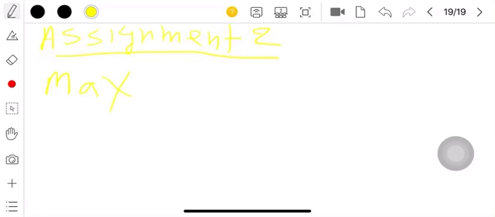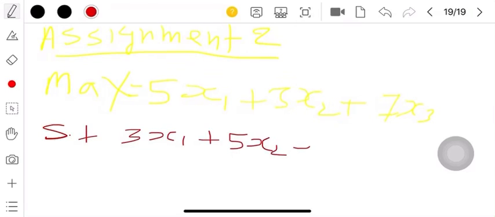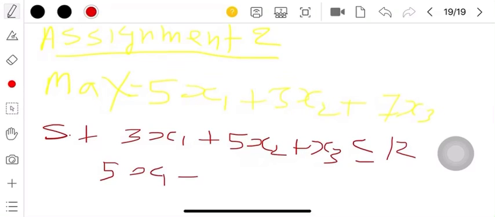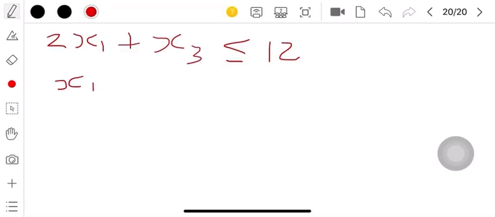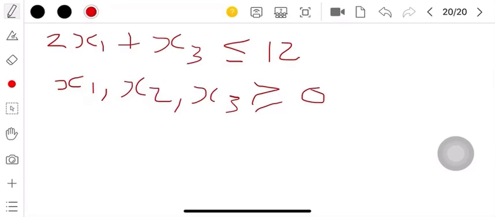Maximize 5x1 plus 3x2 plus 7x3 subject to 3x1 plus 5x2 plus x3 less than or equal to 12, 5x1 plus x3 less than or equal to 14, 2x1 plus x3 less than or equal to 12, where x1, x2, x3 are greater than or equal to 0. Okay, this is the case.